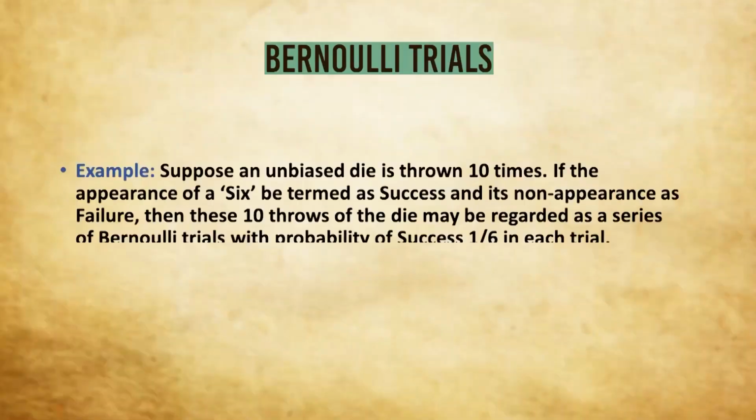Now see, suppose the die we have thrown is unbiased. For simplicity, we are taking an unbiased die, but it may be generalized to any situation. Now we know for an unbiased die, the probability of getting any face is 1 by 6. Suppose we define success as getting a 6 in a throw and a failure as getting non-6 in a throw.